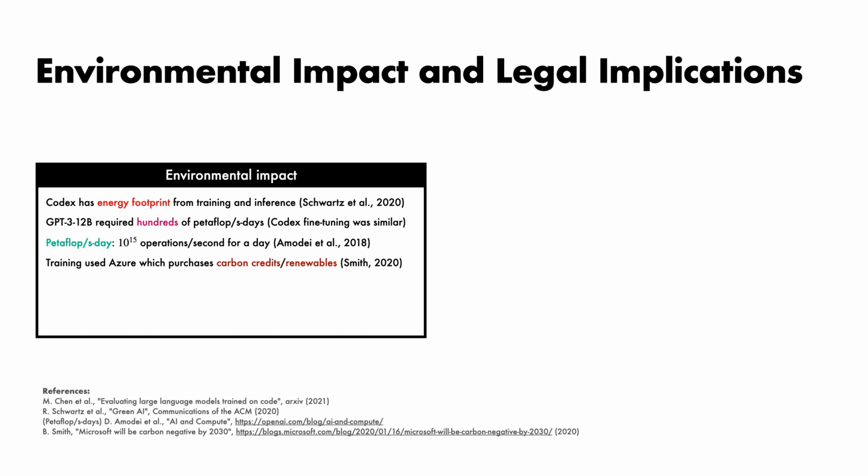The training for Codex used Azure, a cloud platform run by Microsoft. The Codex authors note that this is a company that purchases carbon credits and renewables and plans to use 100% renewable energy in its data centers and buildings by 2025. It's worth noting that the broader effects of compute consumption can be concentrated in certain regions.